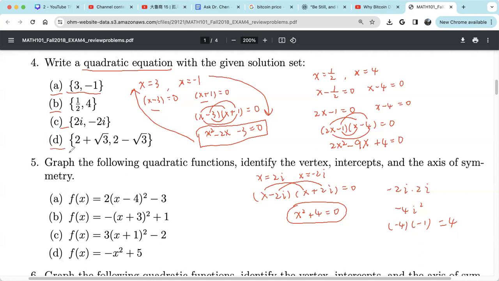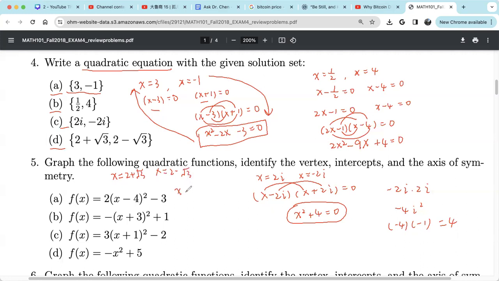Let's say D has two irrational solutions, but we're going to do the same thing. We can write it out: x equals 2 plus radical 3, x equals 2 minus radical 3, right?